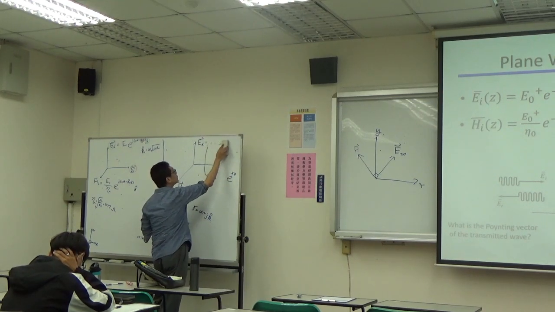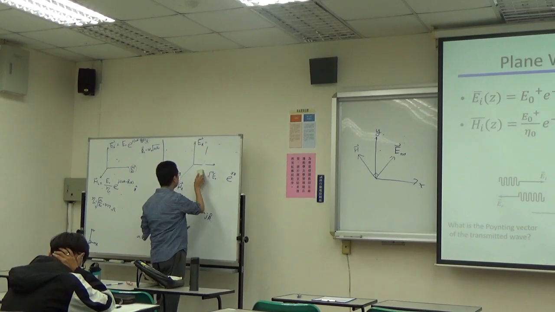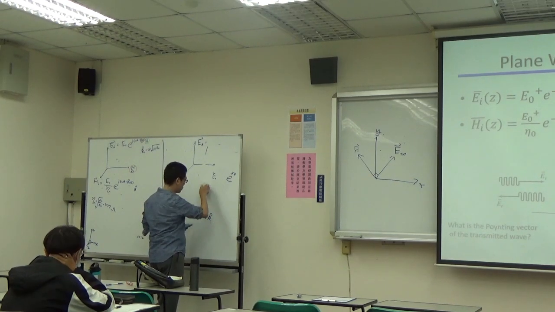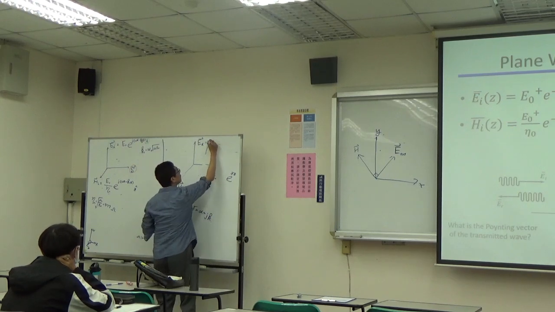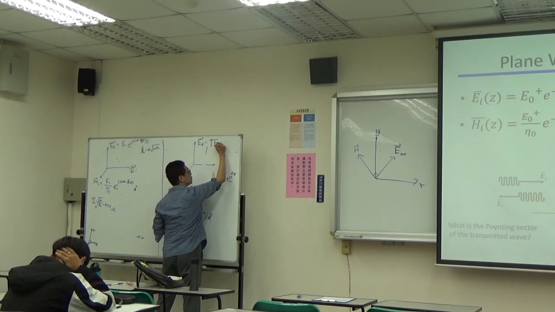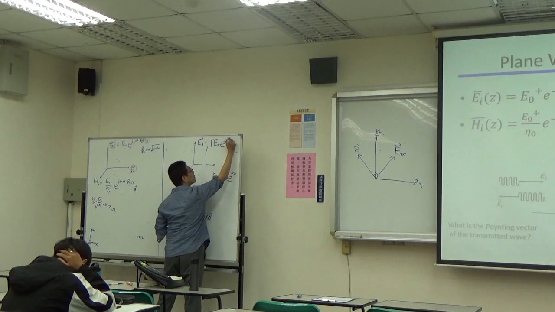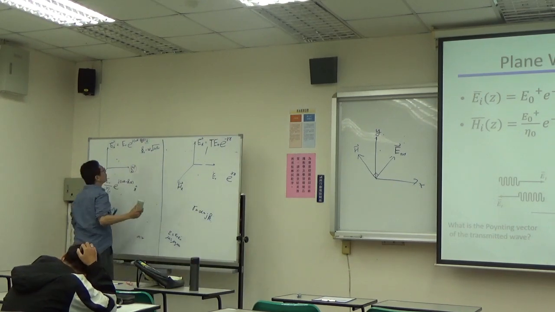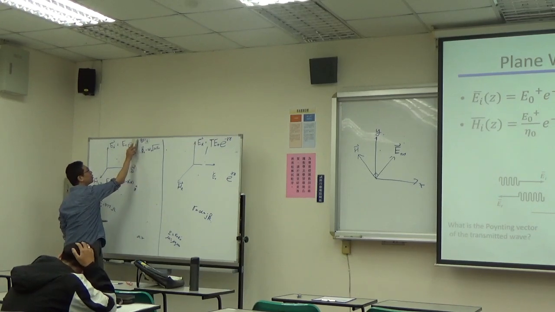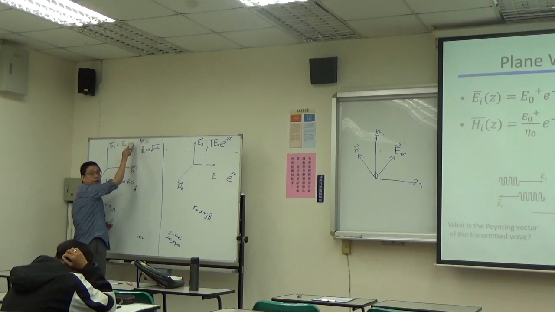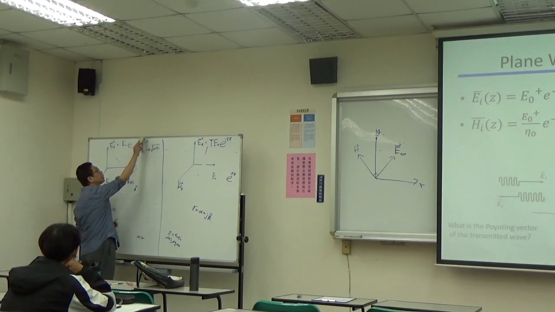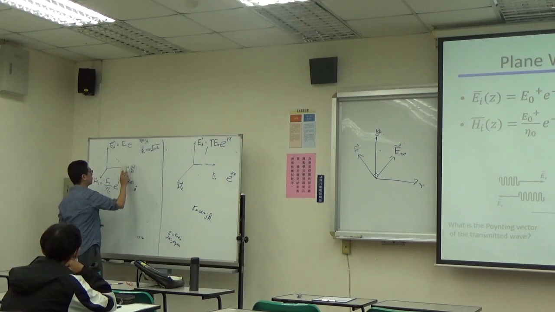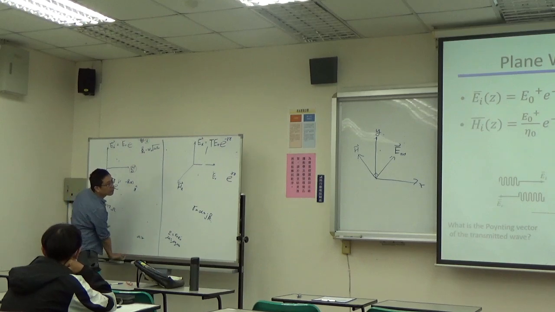The 10 below also needs to be multiplied by T. So T E0 exponential minus gamma z, the same as the book. I don't write down omega t, but you guys know why, right? You can write down t or not, but in your textbook there is no t, no omega t.